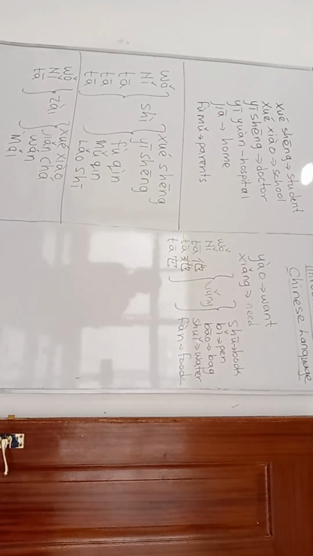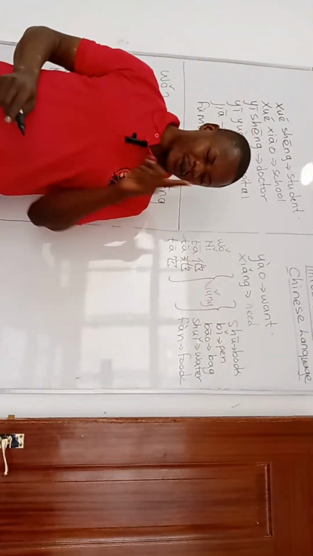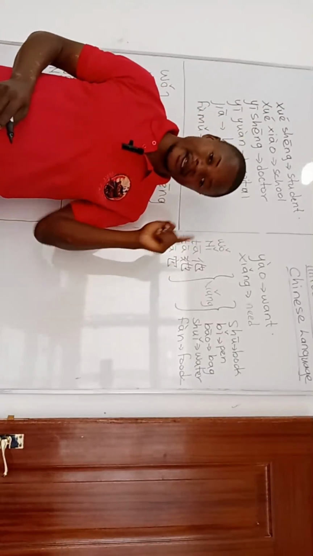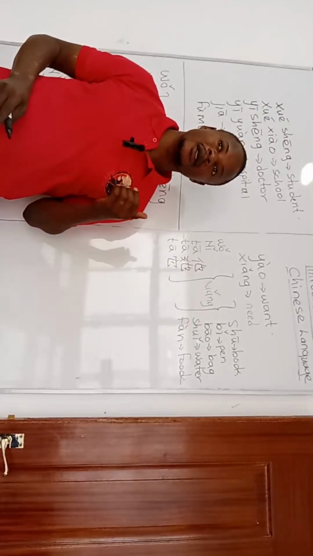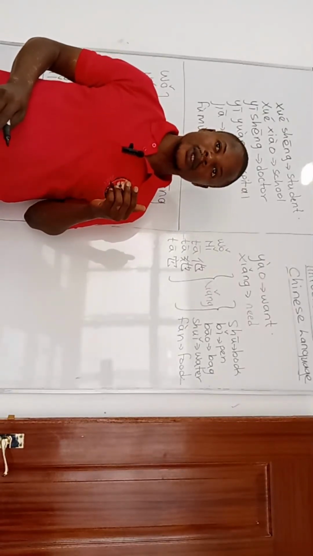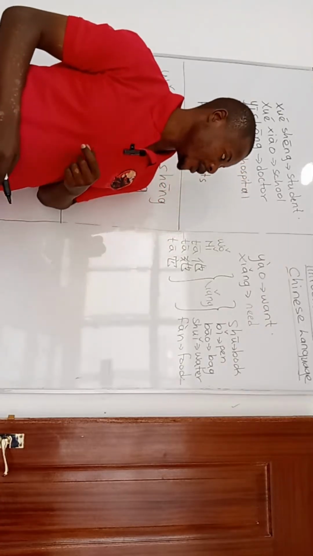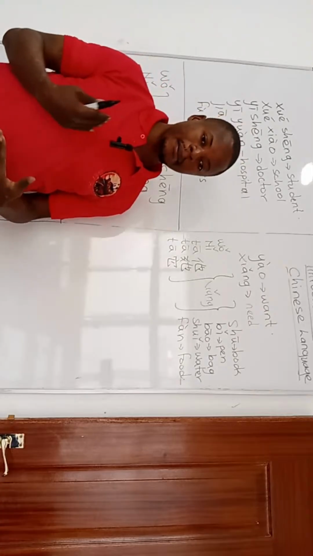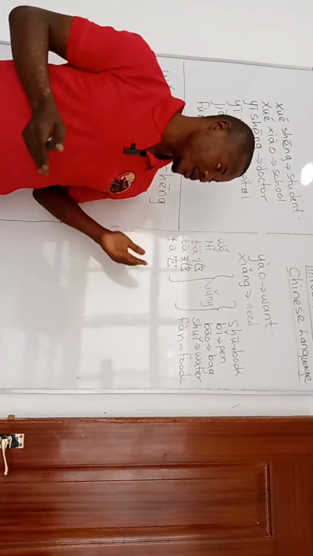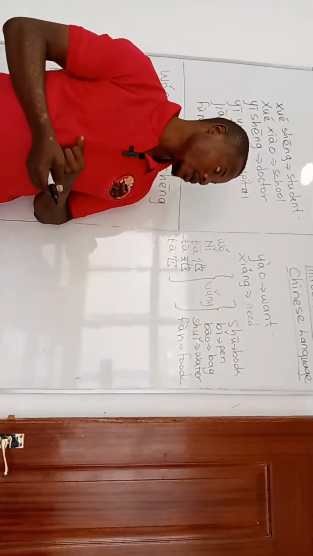Okay guys, up to this point we were doing the introduction, and the most important verbs that you need to know are how to say I want, I need, and then we go to come and go, then eat and drink, and then come out and go in. Those are very important.